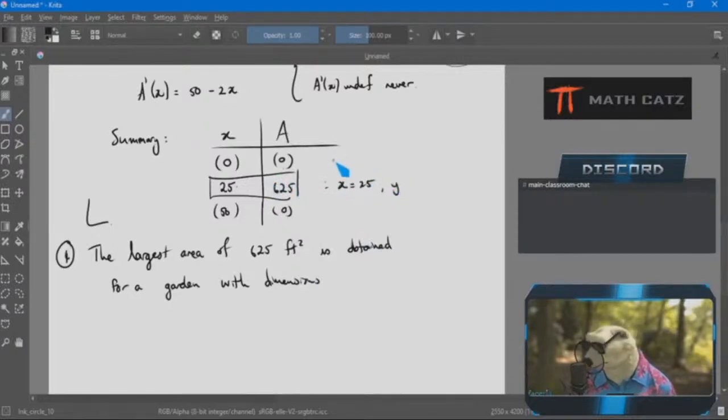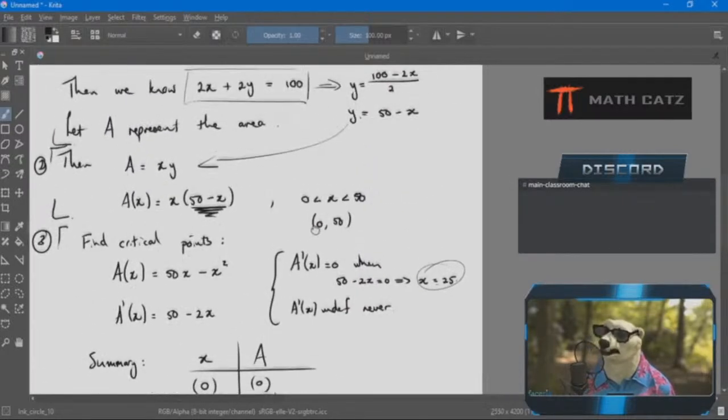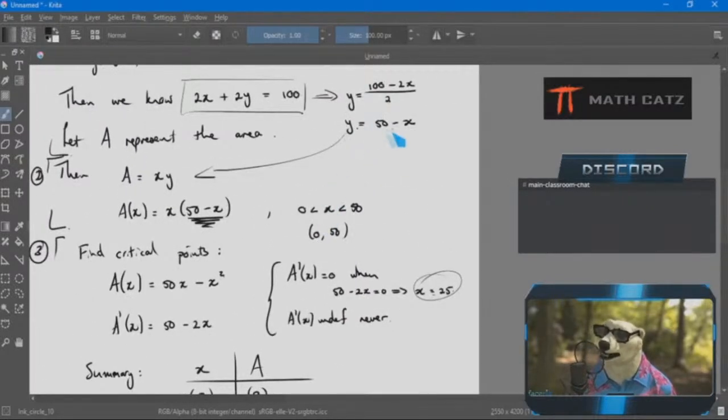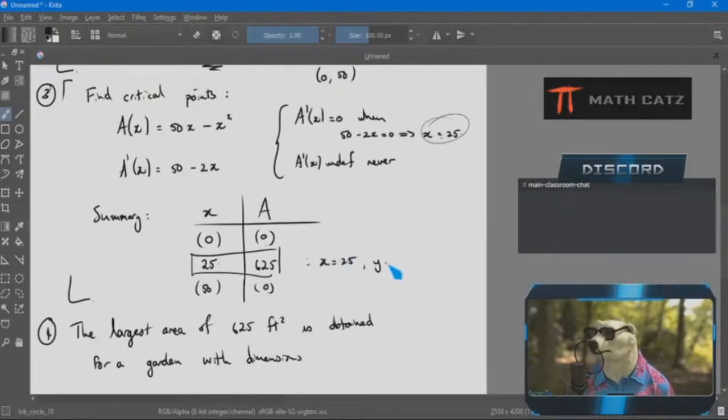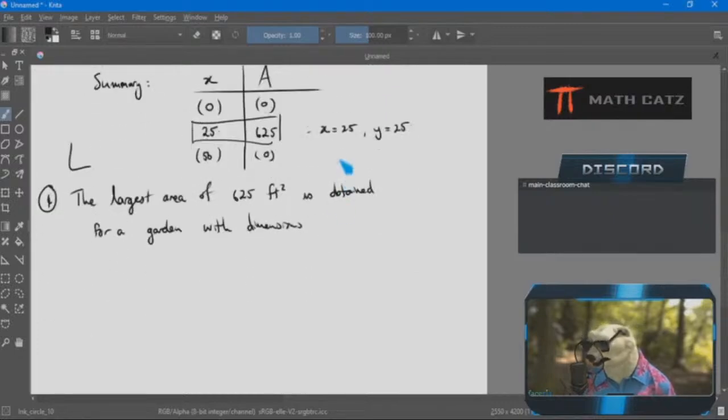I kind of need to know y as well, right? For that, I can go up here and see, oh, 50 minus x is what y is equivalent to. When x is 25, y is going to be 25 as well. So it's going to be a 25 by 25 square. That is going to give me the maximum area.